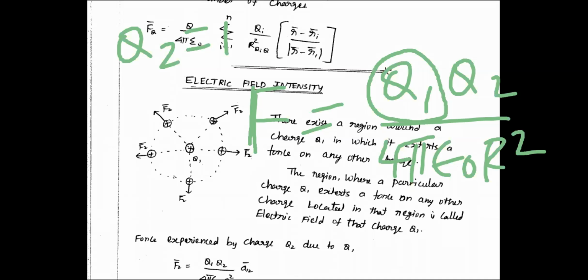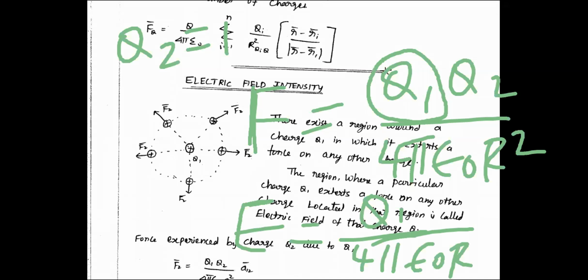If Q2 is equal to 1, you get Q divided by 4 pi epsilon naught r square, which equals the electric field at that point. The force on a unit positive test charge is called the electric field.